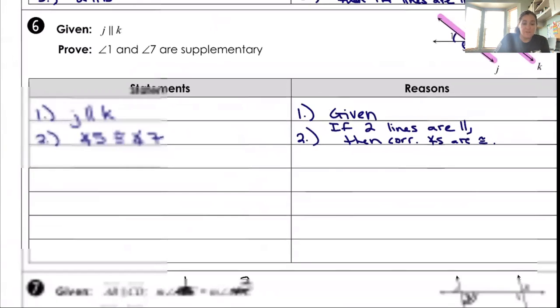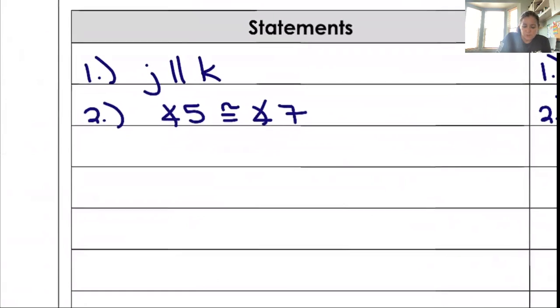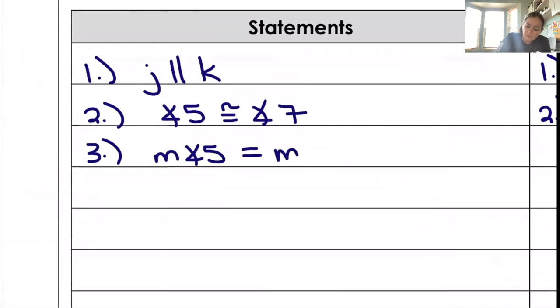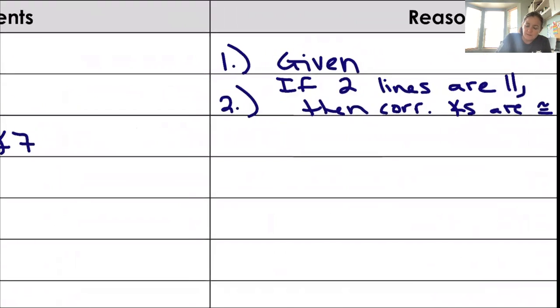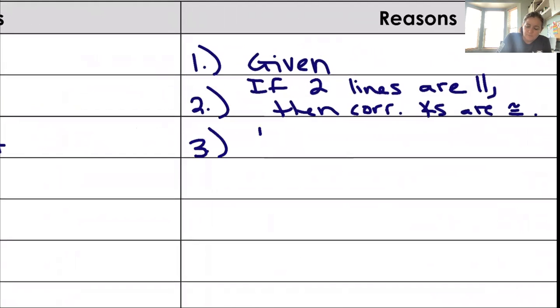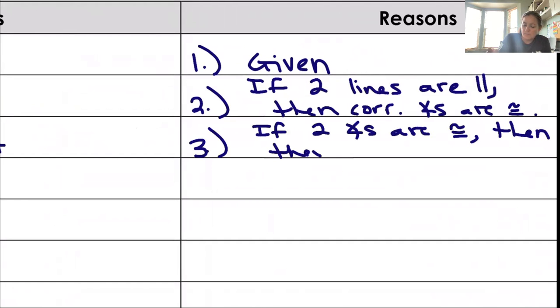And then I'll use my definition of congruence, which we used in the last unit. Measure of angle 5 is equal to the measure of angle 7. Two angles are congruent, and they have equal measure.